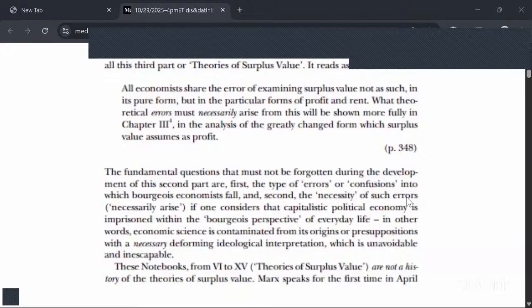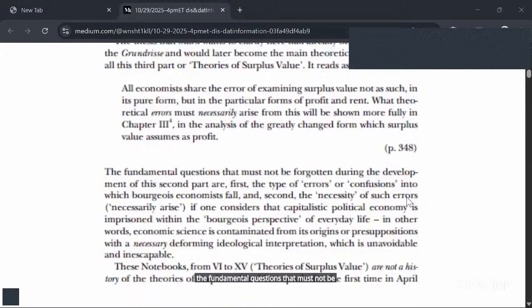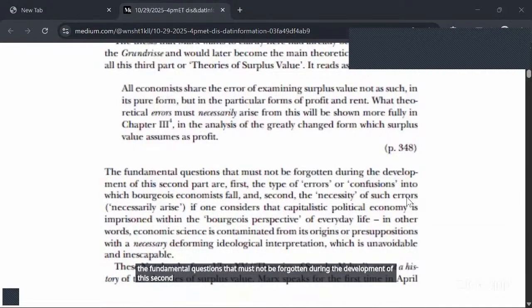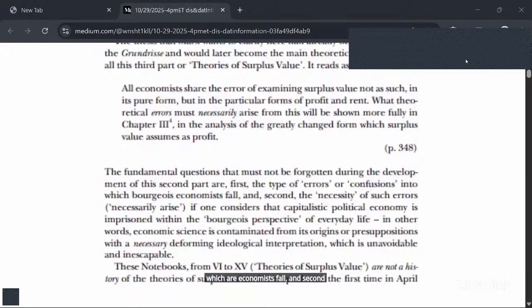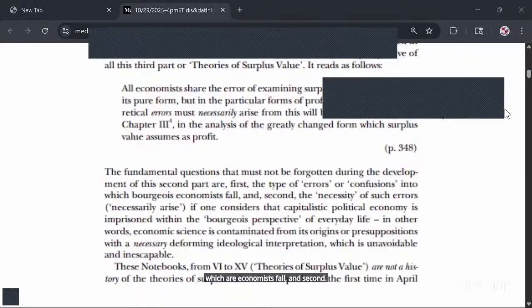The fundamental questions that must not be forgotten during the development of this second part are, first, the type of errors or confusions into which bourgeois economists fall, and second, the necessity of such errors.